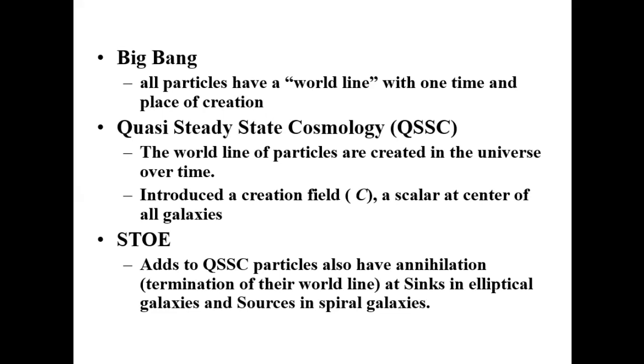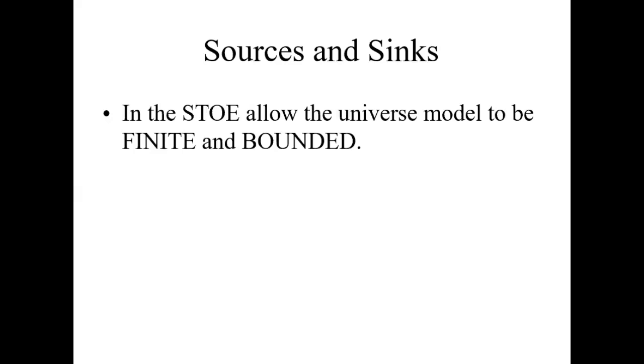That's going to be important in a bit. The STOE adds to the QSSC particles also have annihilation, that is to say, a termination of their world line at sinks in elliptical galaxies and sources in spiral galaxies. Sources and sinks in the STOE allow the universe model to be finite and bounded.